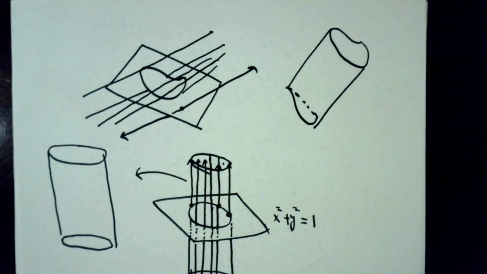In three-dimensional space, the equation for this surface is just going to be x squared plus y squared equals 1. As long as the x and y coordinates obey that equation, the z can be taken to be whatever value you care to make it.